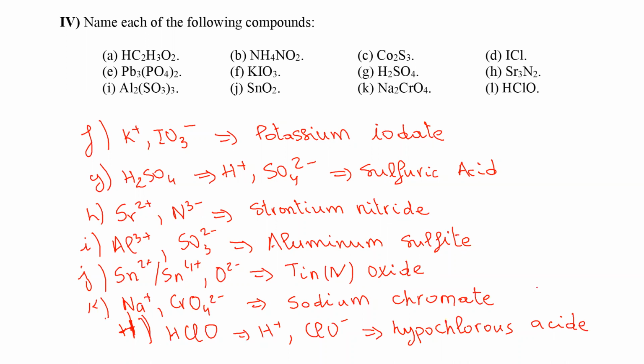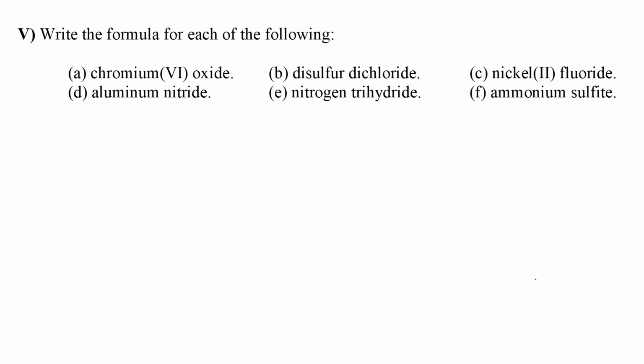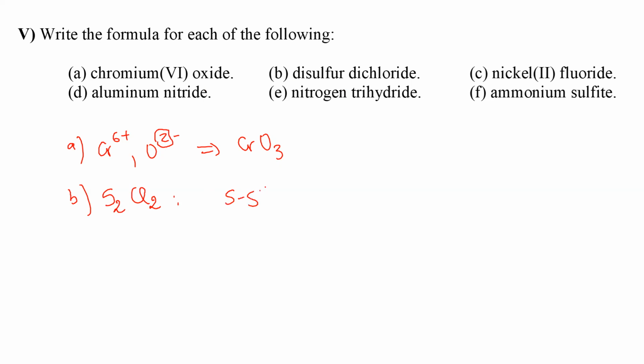So that's it for exercise number 4. Let's go to the last one, exercise number 5. Here we are going from the name to the formula. For A, we have chromium 6 plus and oxide O2 minus, and we need to have this 3 times to balance the charge. For B, disulfur dichloride, so this is molecular: disulfur S2 and dichloride Cl2.